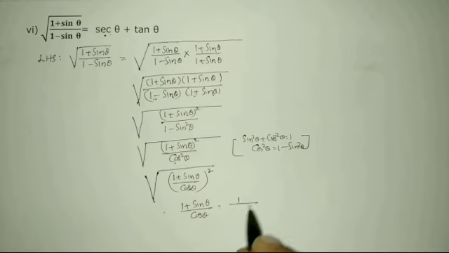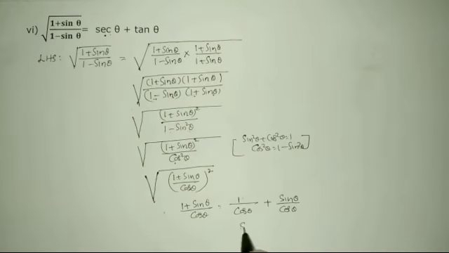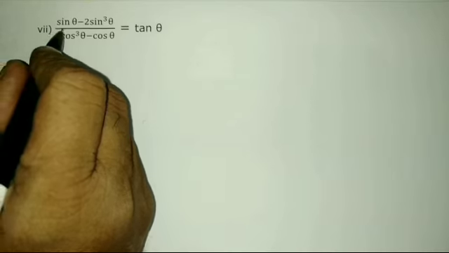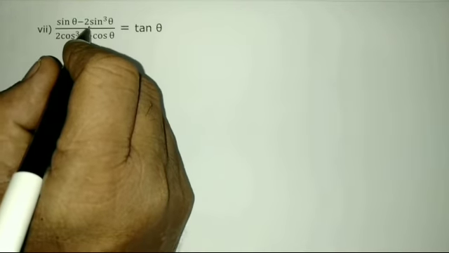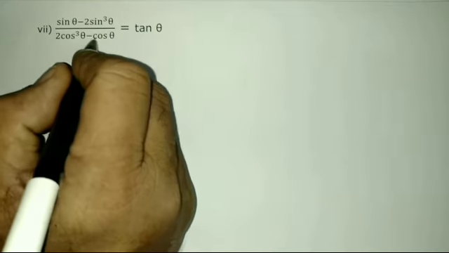So 1 by cos theta plus sin theta by cos theta. 1 by cos theta can be written as what? Secant theta. Sin theta by cos theta is given by the formula tan theta. So RHS.